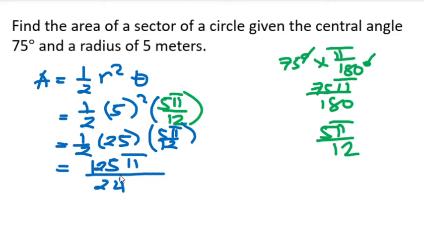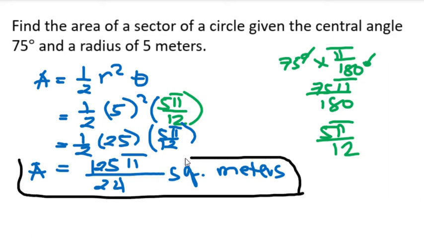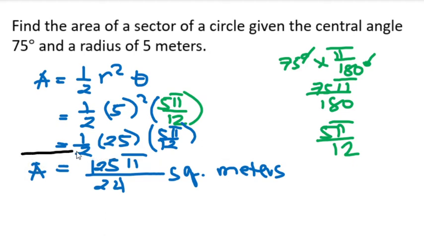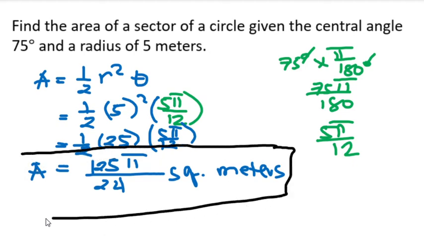So, the answer now, our unit must be squared since we're talking about the area, squared meters. Okay? So, that's it. The answer now is 125 pi over 24 square meters. Wait lang, we're going to box it again. Ayan. So, yun yung final answer natin.